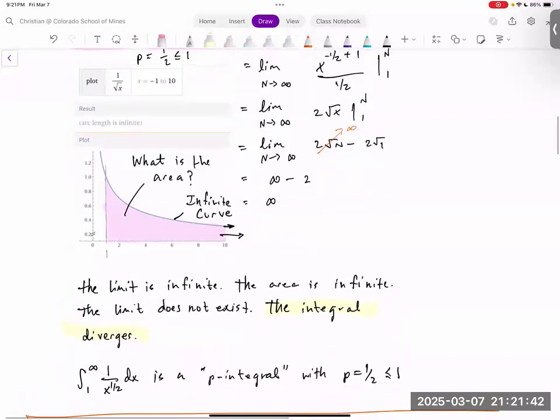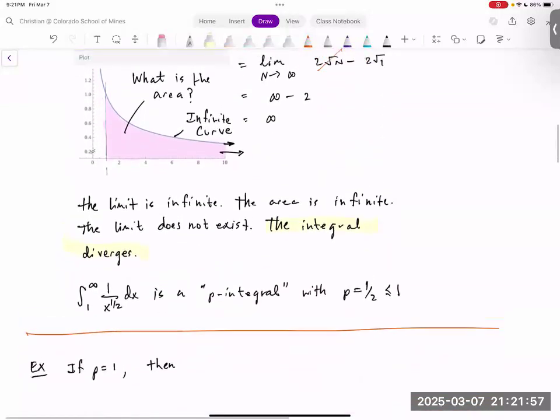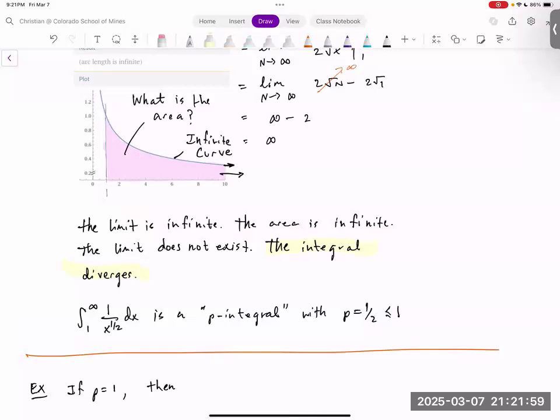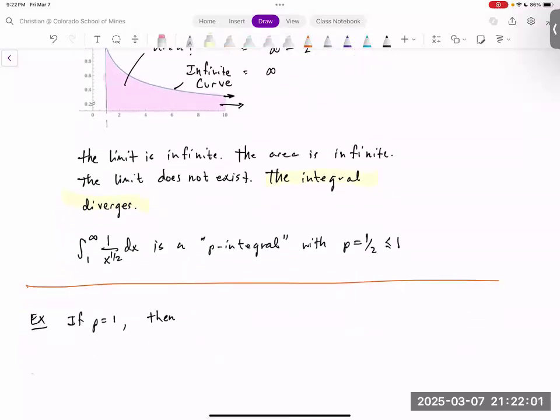Okay, so just to clarify again, the improper integral from 1 to infinity of 1 over x to the half is a p integral, p equals a half, less than or equal to 1. What if p were 1? So for a p integral, how about this time we look at 3 to infinity rather than 1 to infinity.